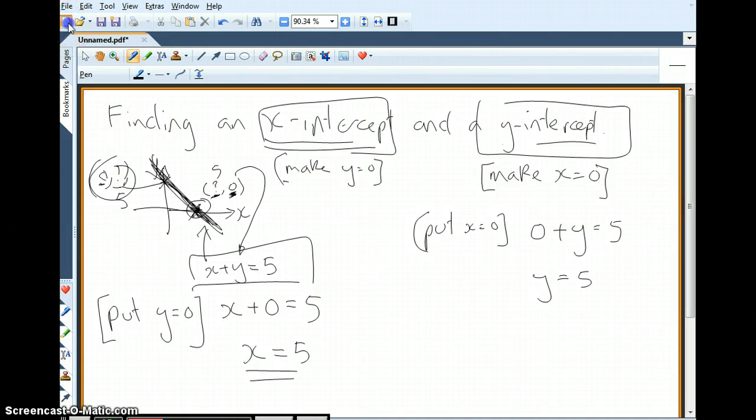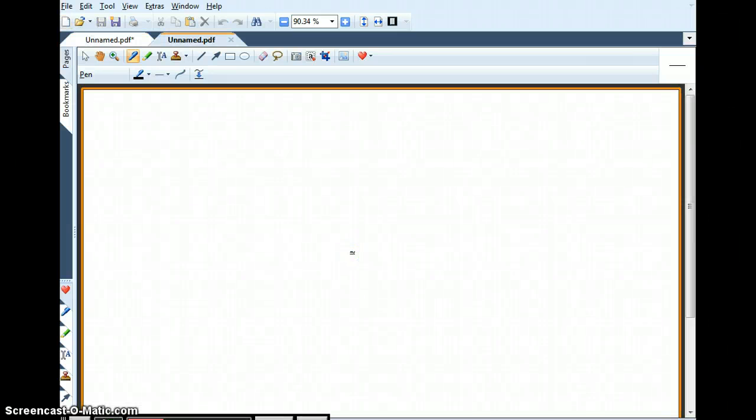Let's look at one slightly more difficult. 2x plus 5y equals 10. The question reads, what is the x-intercept, and what is the y-intercept? Let's start with the x-intercept.